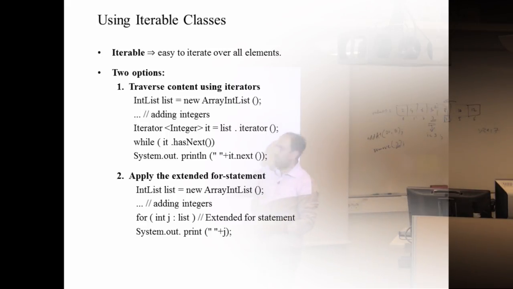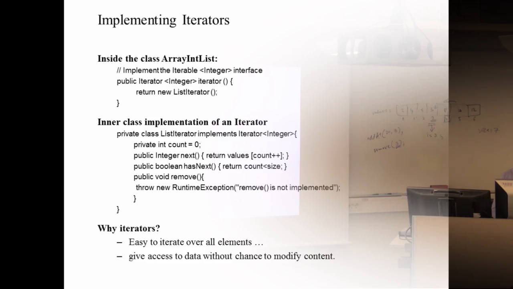If you go to the back end of the for each loop, it is using the iterator method approach as well. So it's more like syntactic sugar, where the complexity has been hidden at the back end. But the for each loop also uses this iterator way.